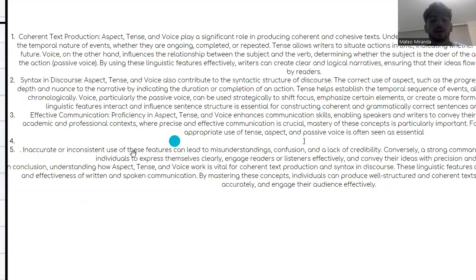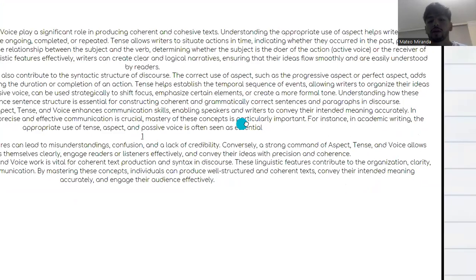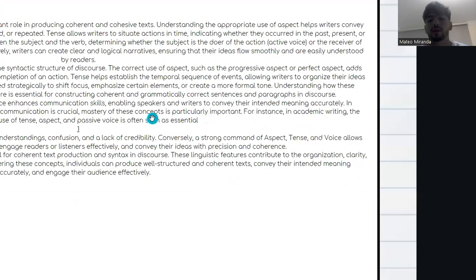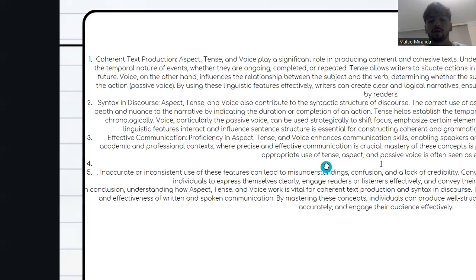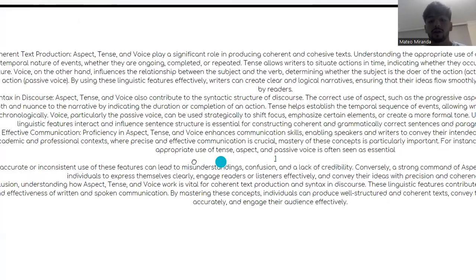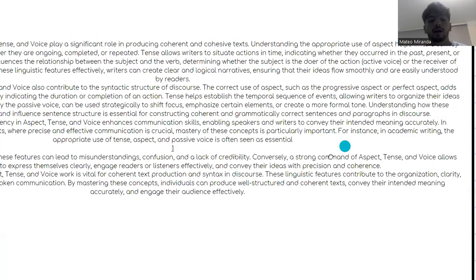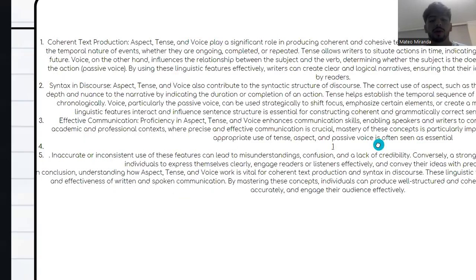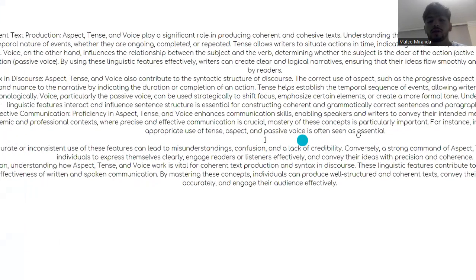Now, effective communication: proficiency in aspect, tense, and voice improves communication skills and enables speakers and writers to convey their intended meaning accurately. In academic and professional contexts, where precise and effective communication is crucial, mastery of this concept is particularly important. For instance, in academic writing, the appropriate use of tense, aspect and passive voice is often essential.